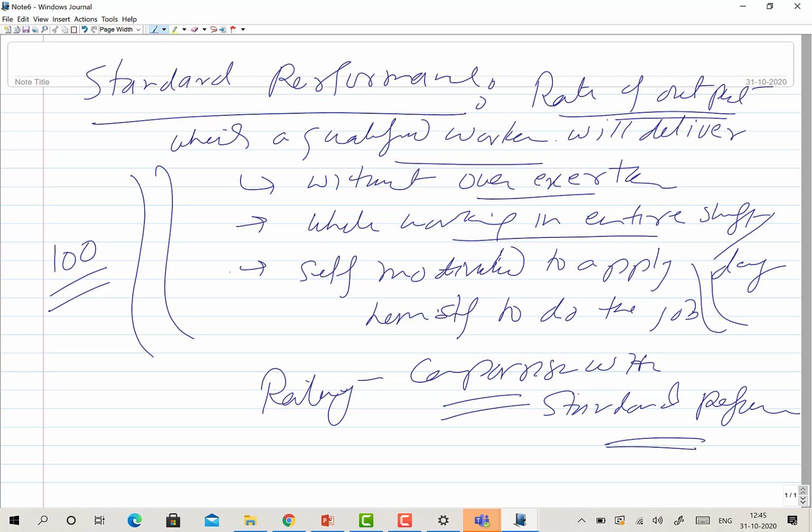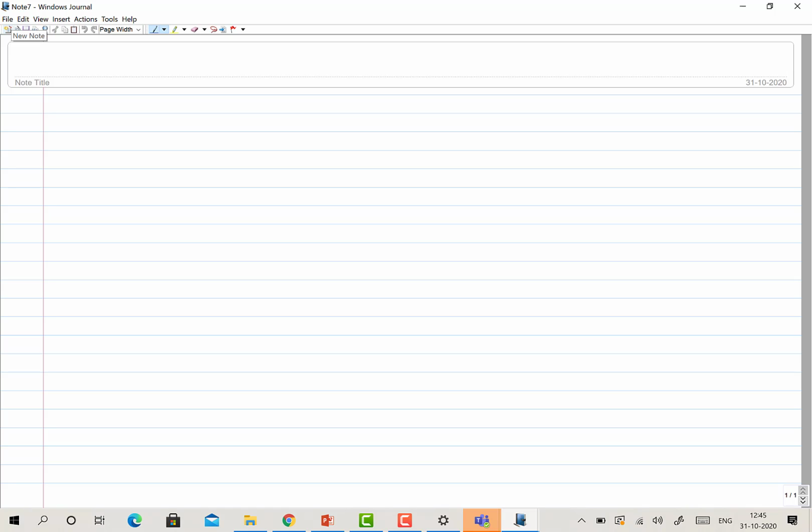It is expected that when the work is done perfectly, the standard rating or standard of performance will be given 100%, say if someone is walking at 4 km per hour.